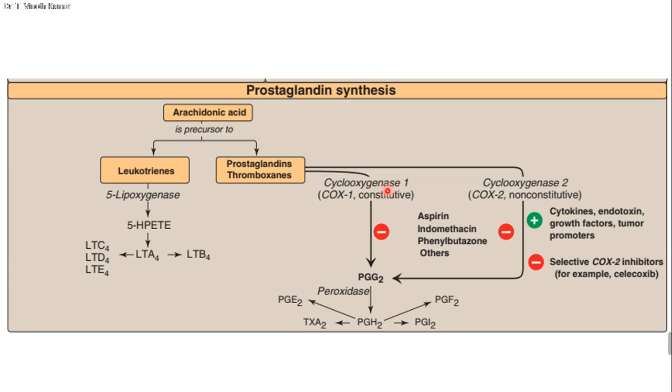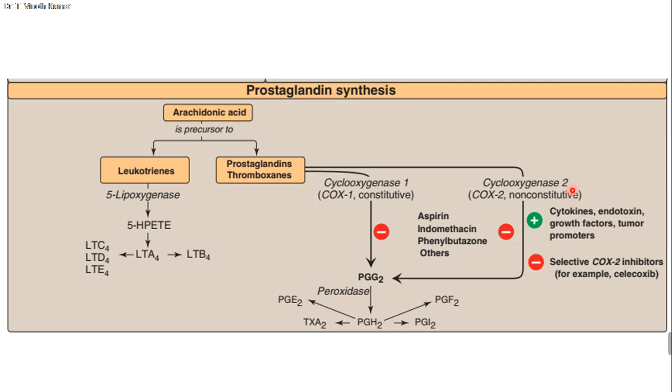Aspirin is a painkiller, and indomethacin and phenylbutazone are all COX1 inhibitors. So this will inhibit the COX. Due to that, the prostaglandin synthesis and the thromboxane biosynthesis is controlled. Due to that, the pain is subsided and anti-inflammatory responses are induced within the body. The inflammatory signals are suppressed.